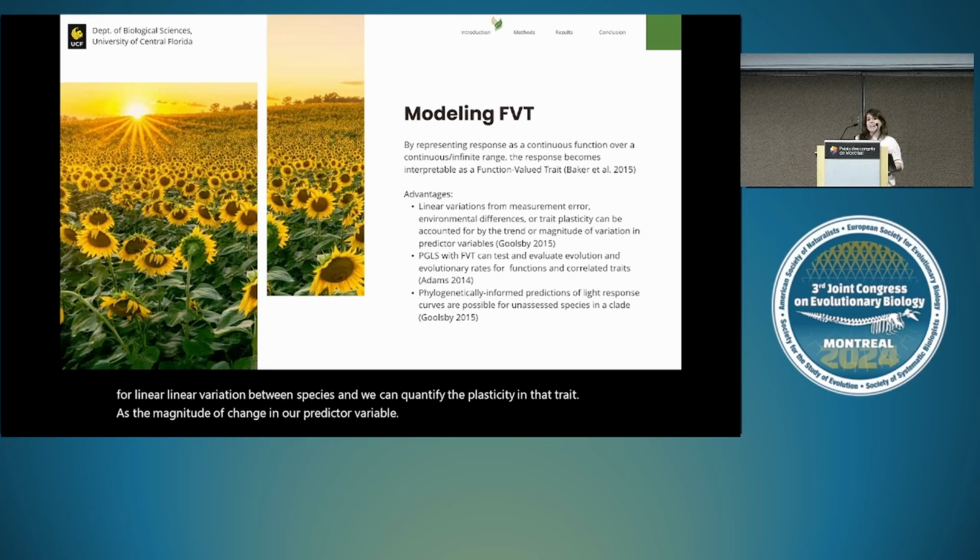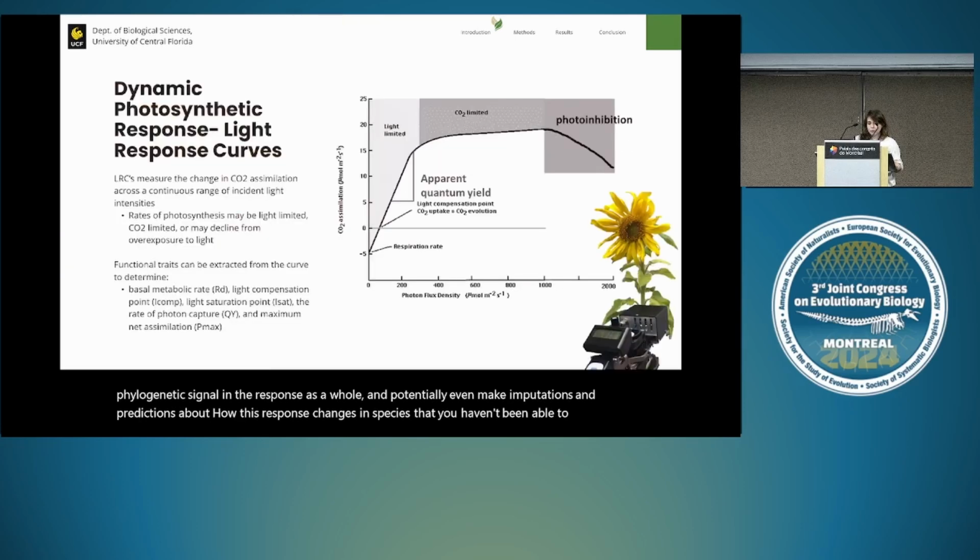We can then extend this function-valued trait approach into phylogenetic comparative analyses in order to make phylogenetically informed predictions of the function-valued trait, test for phylogenetic signal in the response as a whole, and potentially even make imputations and predictions about how this response changes in species that you haven't been able to measure.